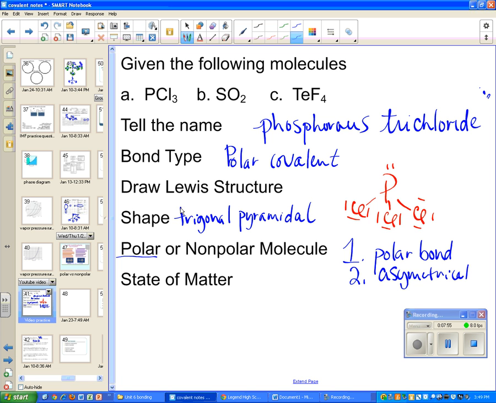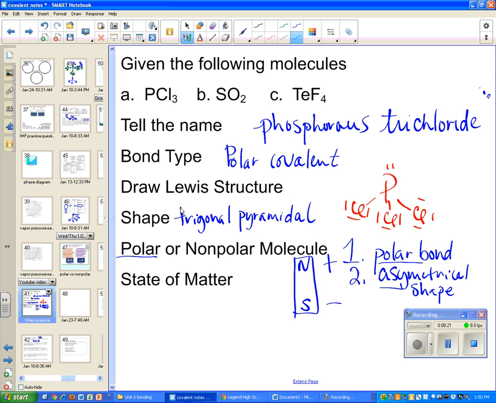It's kind of like a magnet. 1/2 is north, 1/2 is south. So 1/2 of my molecule is plus, and 1/2 of my molecule is minus. So first of all, I have to have a plus and minus. That's where the polar bond comes in. And then that plus and the minus have to be away from each other, and that's where the asymmetrical shape comes in.